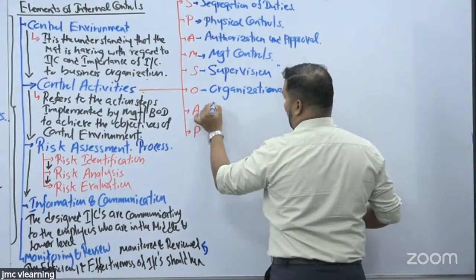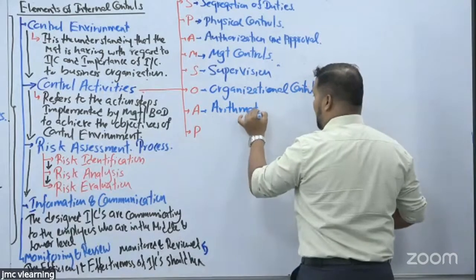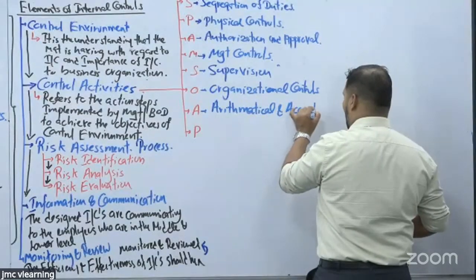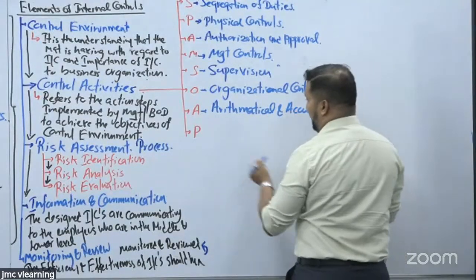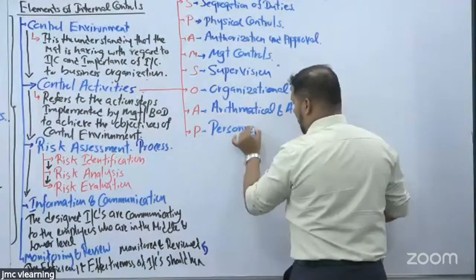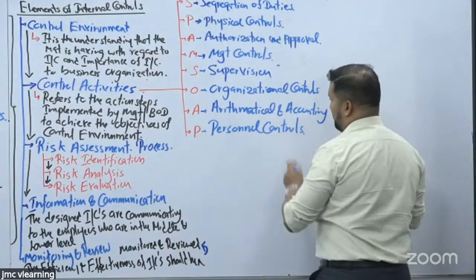A stands for arithmetical and accounting controls. P stands for personal controls.